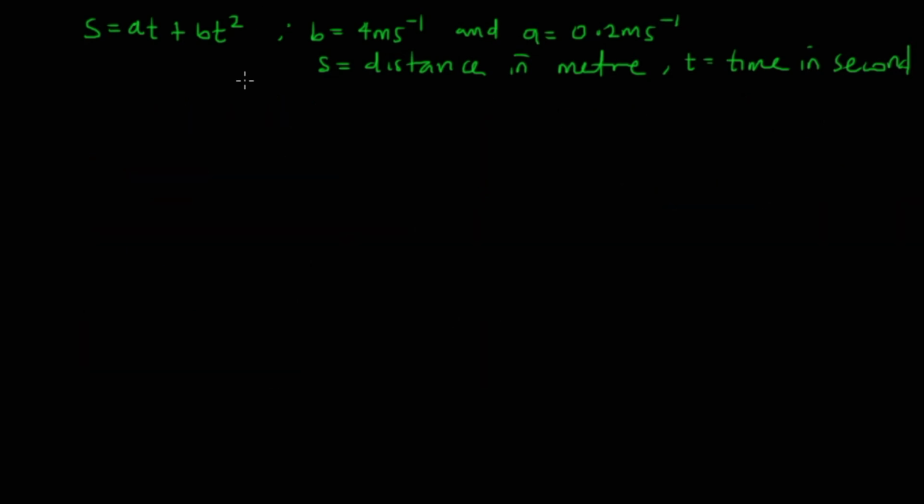Let's say you want to find the instantaneous velocity of that particle at a time which is 5 seconds. So the instantaneous velocity has to be equal to the limiting value of the change in the distance upon the change in time.